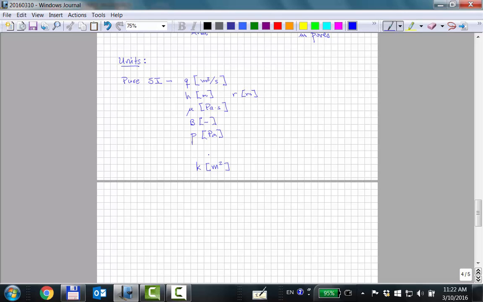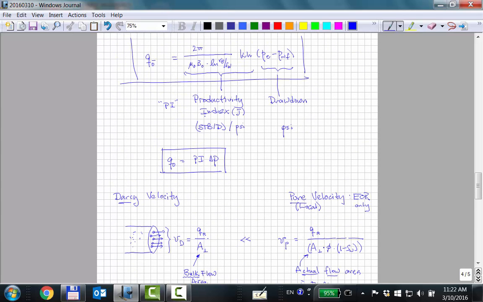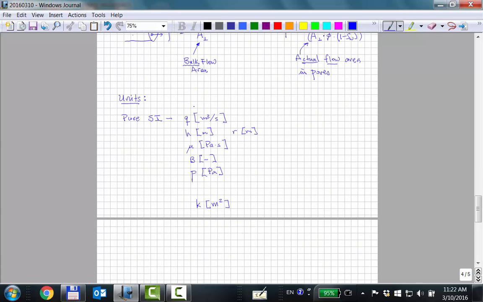And if you ask me, for the life of me, what is 100 millidarcy in square meters? Without a pencil, I would probably struggle to give you the answer. But I'll give you some conversion. We don't usually use meter squared, but we'll show you that. So, is this all the quantities in the equation? K, H, pressure, that's everything.